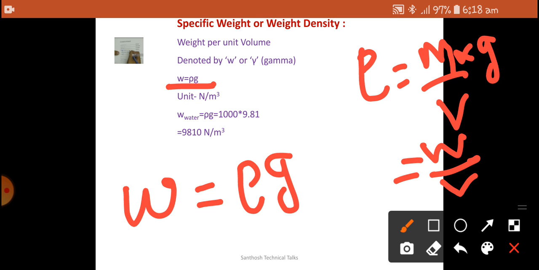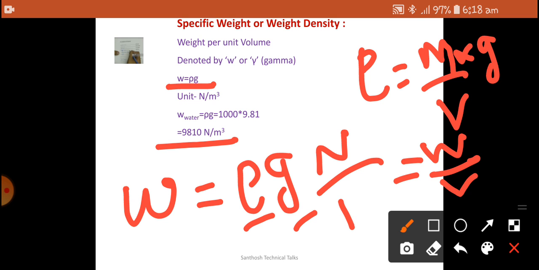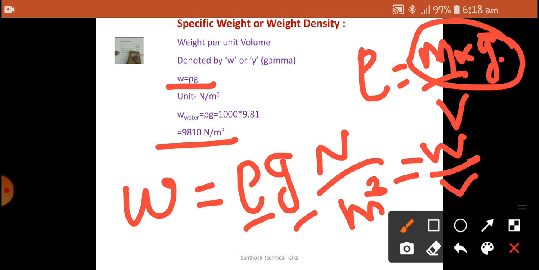Here we know that for the standard substance water, it is 1000 into 9.81, therefore 9810. The unit of the specific weight is Newton per meter cube. We know that mass into gravity, so kg into meter per second square, becomes Newton.